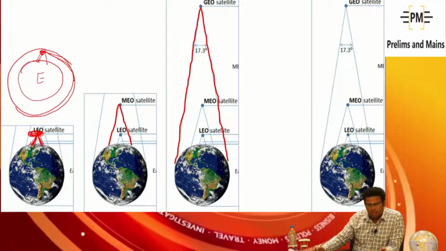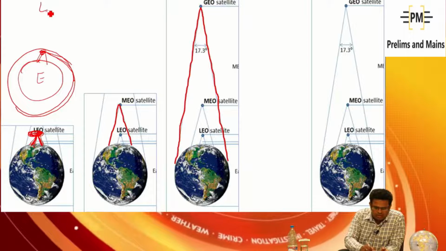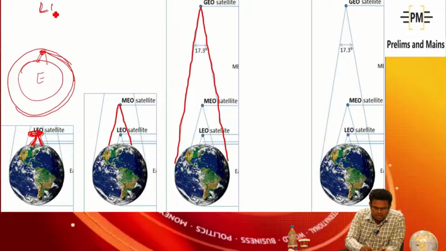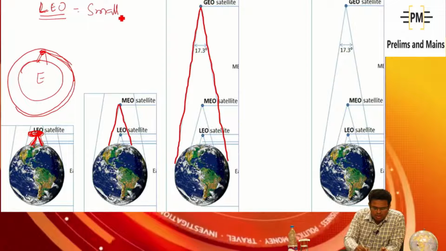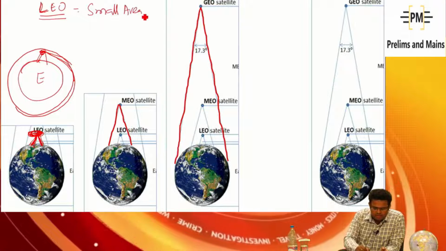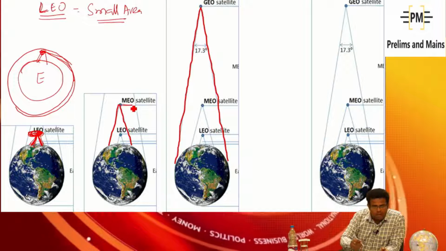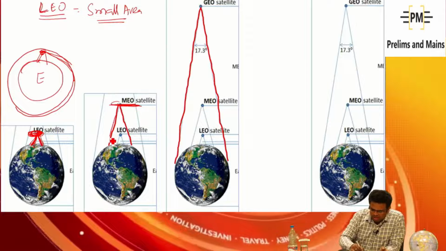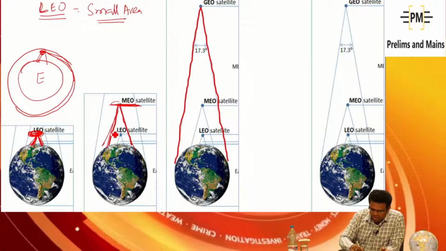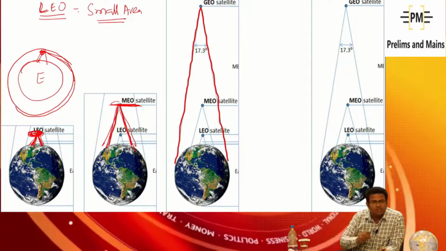So low Earth orbit is covering, listen to me, I am giving a concept, keep on noting it down, a very small area, yes or no? Thereafter, if the orbit is at a height of 8,000 to 20,000 kilometers, the signal will reach a moderate, little larger area than LEO.